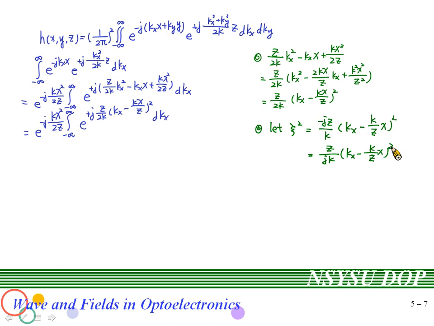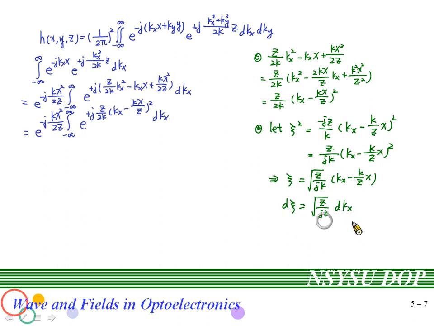Okay, then according to the definition of the square of c, you can then obtain that c can be expressed as the following equation. As a result, dc can be written as square root of z over jk times dks.